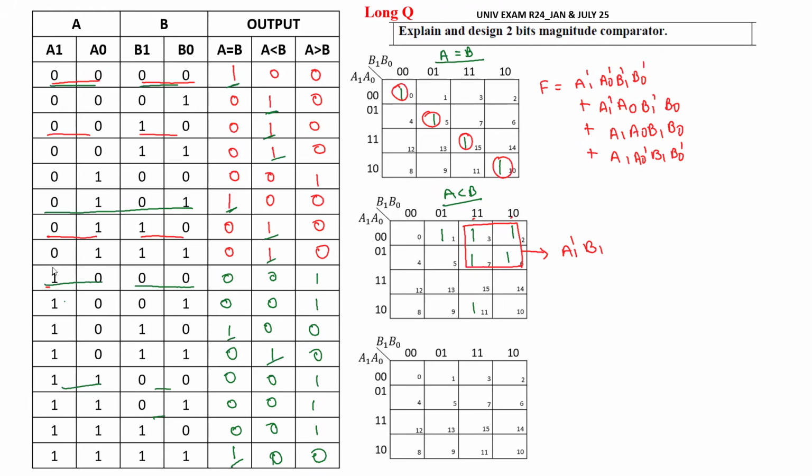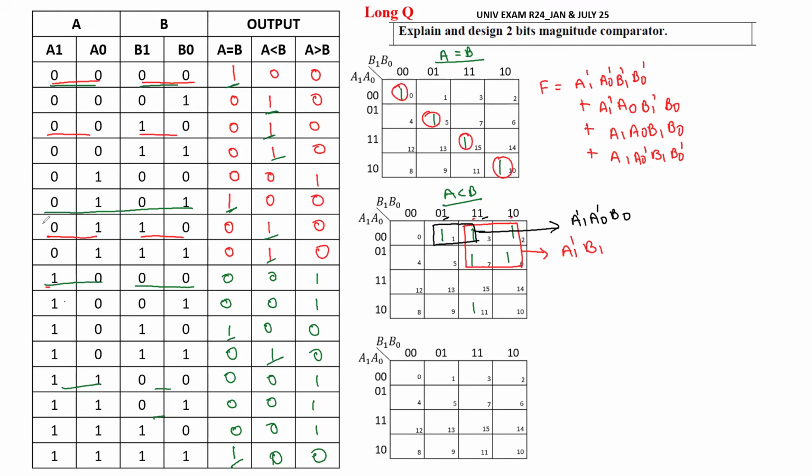Now another combination, these two we can make the pair. Okay, so with this pair, what will be the value for this? What is the common? A1, A0. This both are dash. Column-wise, common is B0. Okay.